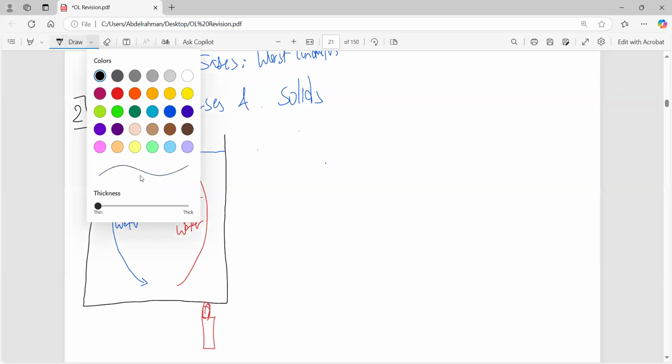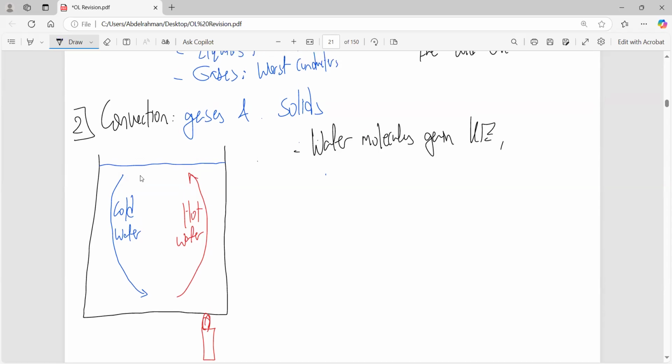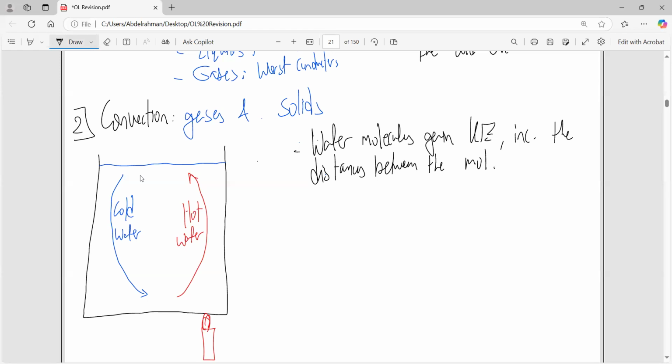The gases or liquids gain kinetic energy, so the water molecules gain kinetic energy, thus increasing the distances between the molecules. So when the distances between the molecules increase, what happens? The volume increases.